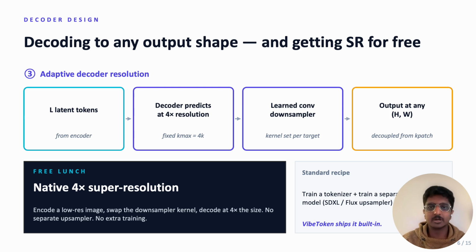Third, to improve the decoding of arbitrary resolution and aspect ratio, we further extend the decoder to adopt an adaptive decoder resolution. Because of this, we get native 4x super resolution abilities while still retaining state-of-the-art performance.